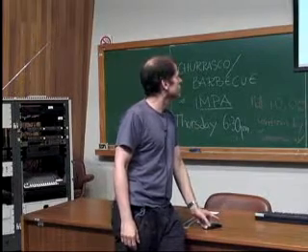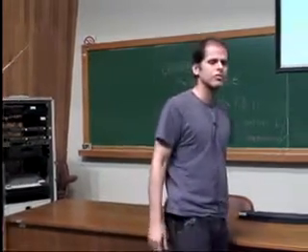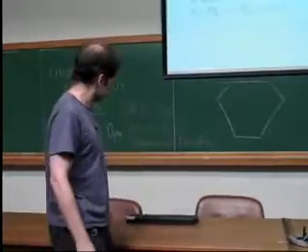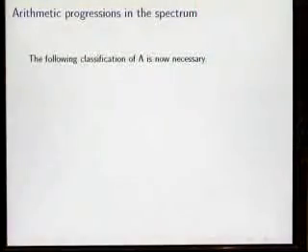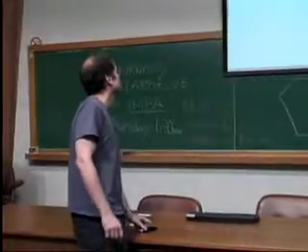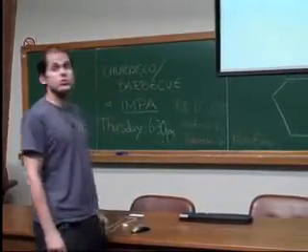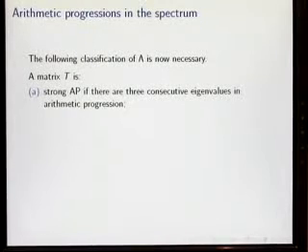Now, in order to understand a family of maps, we have to make a certain classification here, because the presence of an arithmetic progression in the spectrum is going to make the dynamics very different, okay? So here is a classification. A matrix is strong AP if it has 3 consecutive eigenvalues in arithmetic progression.